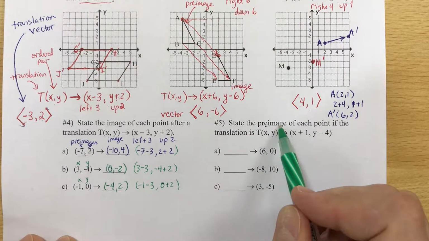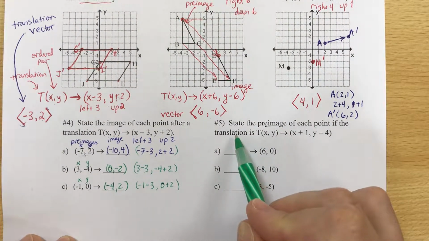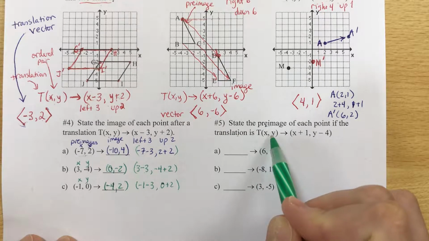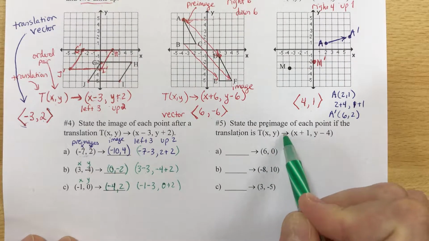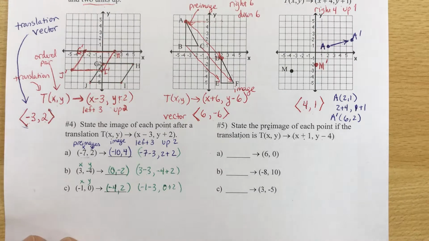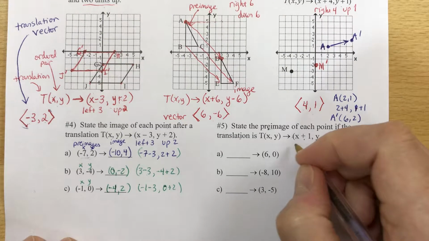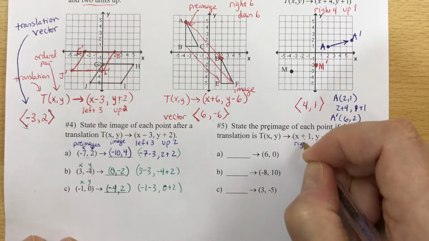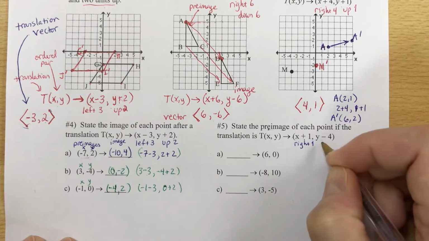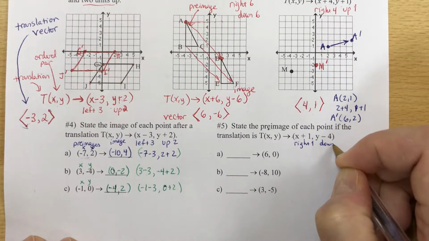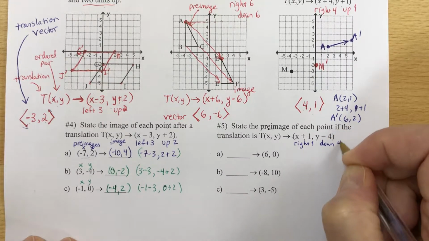State the preimage of each point if the translation rule is t, x, y, x plus 1, y minus 4. So this means we're going right 1 and down 4. The y direction minus is down.